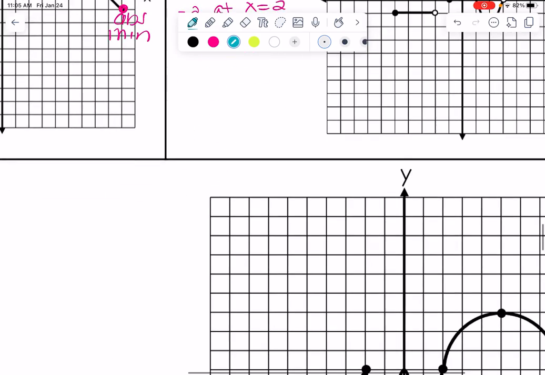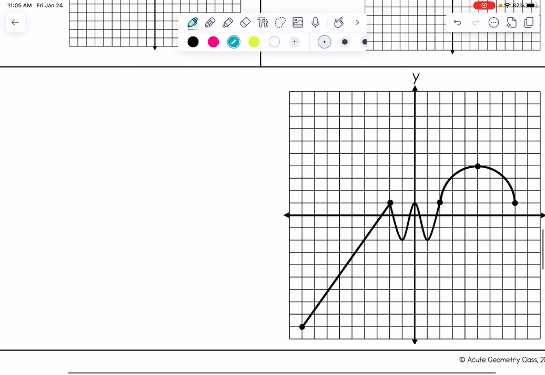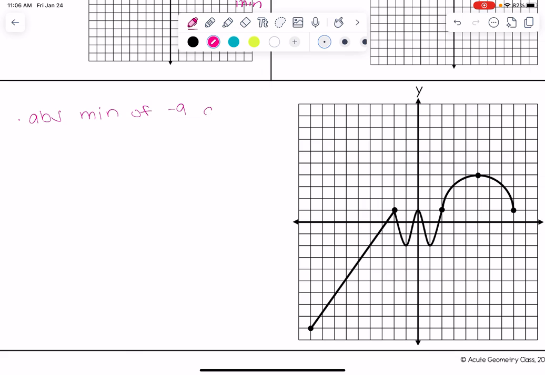All right, for our last one here, we have quite a large piecewise graph. So if we take a look at this here, again, I'm going to be putting those little asterisks for when the absolute can also be considered a relative. So let's start with the absolute mins and maxes of this graph. So we have an absolute minimum of -9 that occurs at x equals -9.